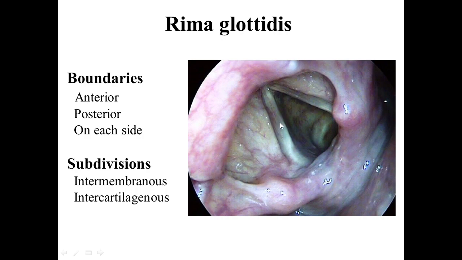Between the vocal ligaments, the anterior 3/5 part of the rima glottidis is called as intermembranous part, while the posterior 2/5 part, which lies between the vocal processes of the arytenoid cartilage, is called as intercartilaginous part.